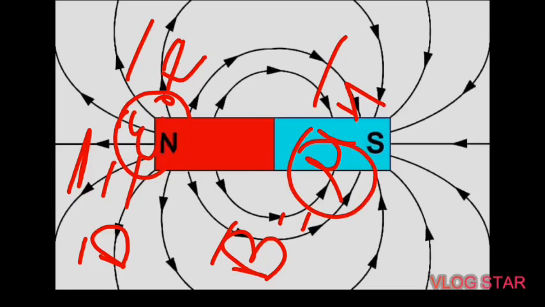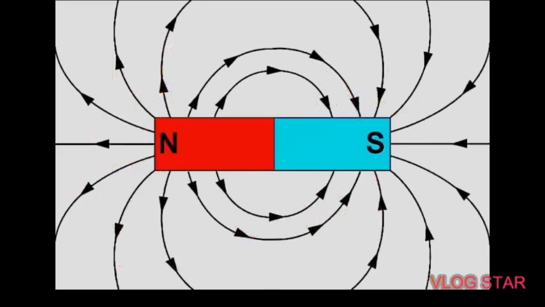Mu is nothing but the permeability of the medium, and epsilon is the permittivity of the medium. Here the unit of B bar is Weber per meter square or Tesla, and the unit of H bar is ampere per meter. Again, the unit of electric field intensity is volt per meter or Newton per coulomb.